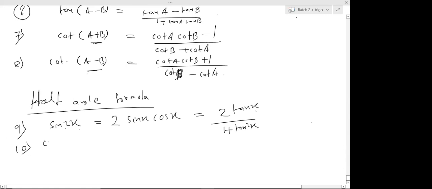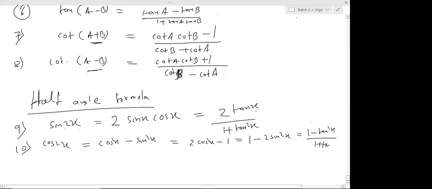For cos, this is cos square x minus sine square x, or 2 cos square x minus 1, or 1 minus 2 sine square x, or 1 minus tan square x upon 1 plus tan square x.